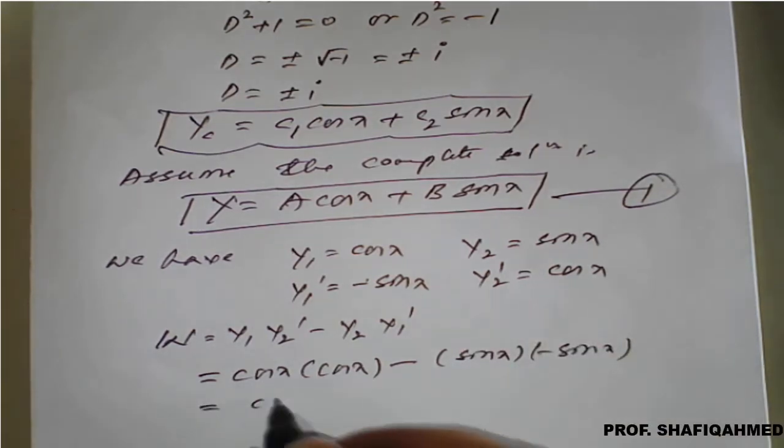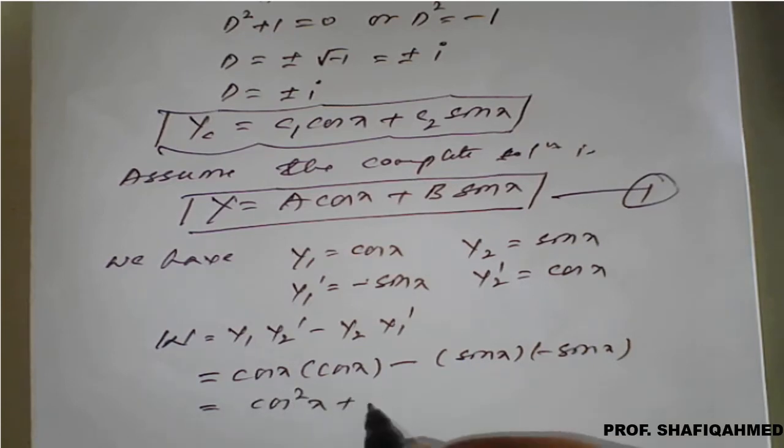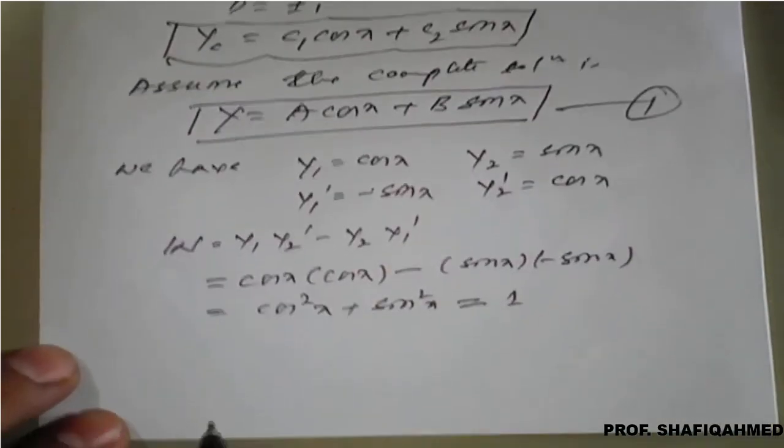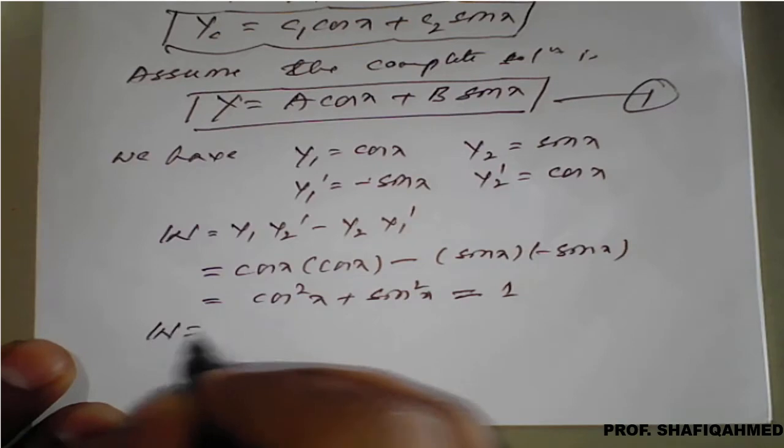So this becomes cos square x plus sin square x, which is nothing but 1.